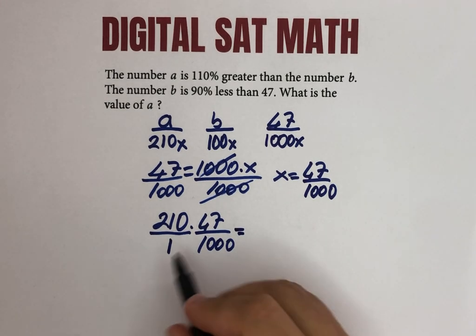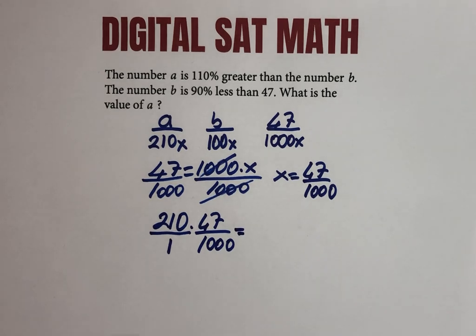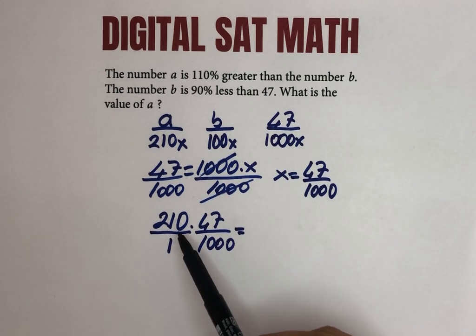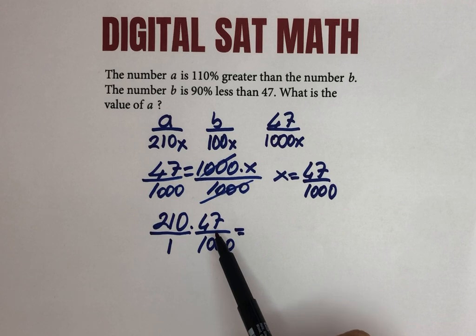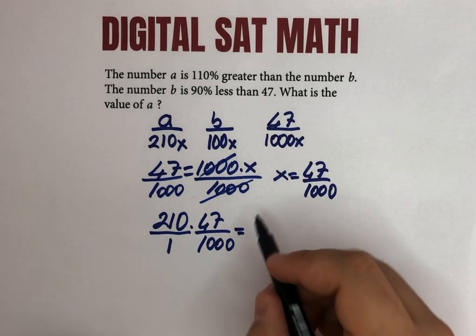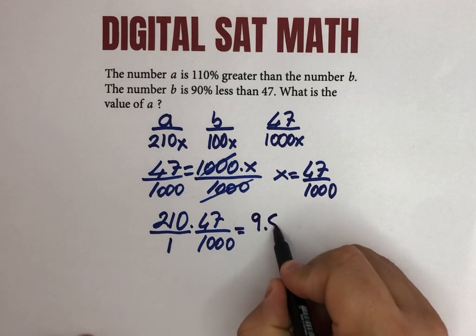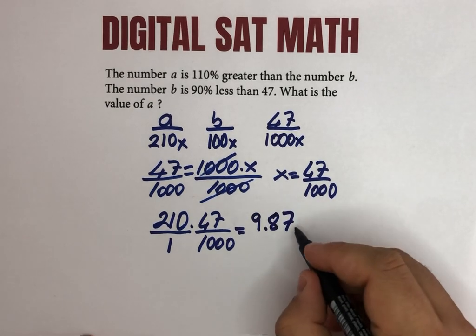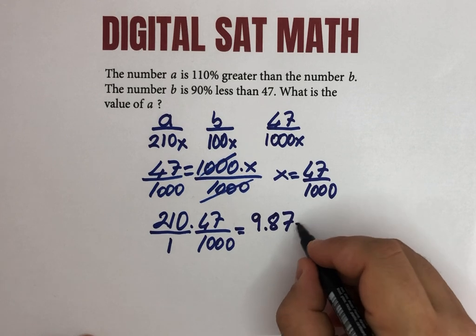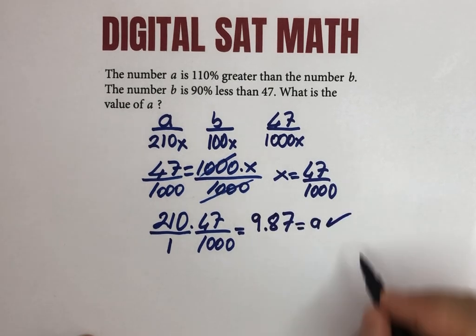If you multiply, you're again allowed to use your calculator during the test. 210 times 47 divided by 1000, you're going to get 9.87 for the value of A. Okay?